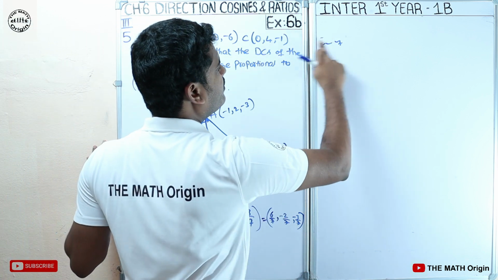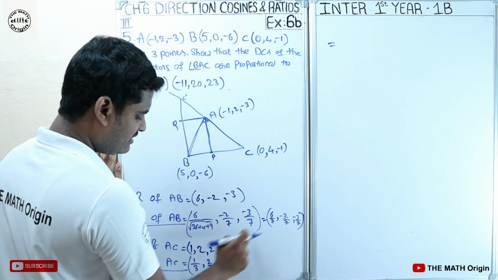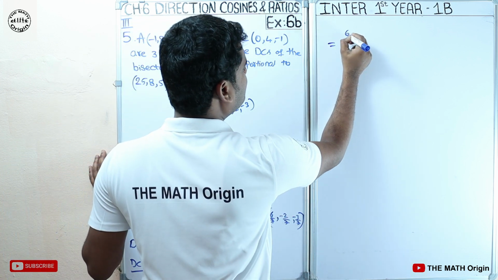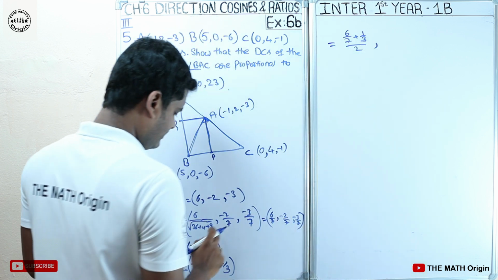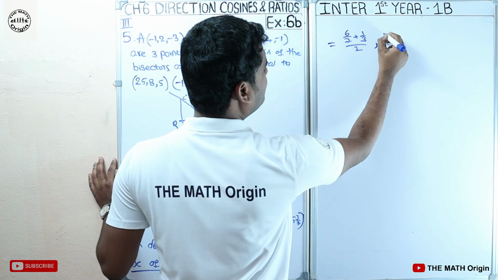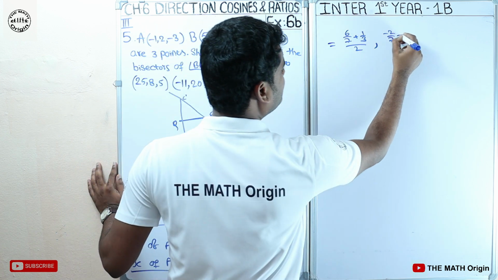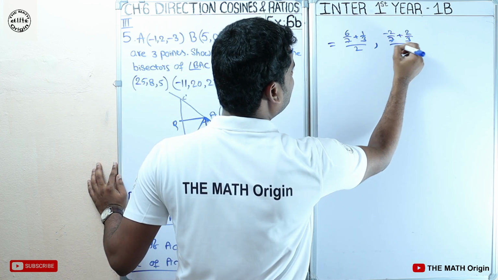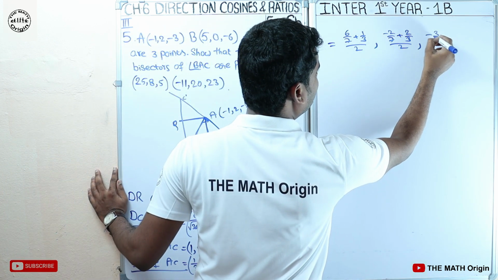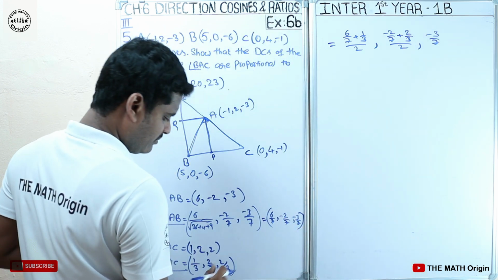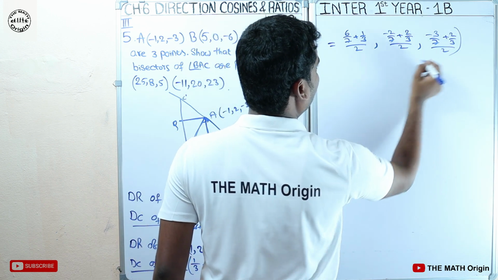Therefore the value will be (6 by 7 plus 1 by 3) by 2, comma, (-2 by 7 plus 2 by 3) by 2, comma, (-3 by 7 plus 2 by 3) by 2.